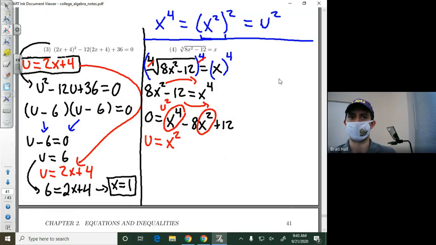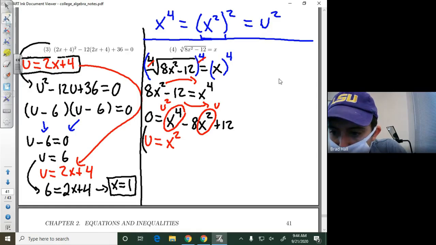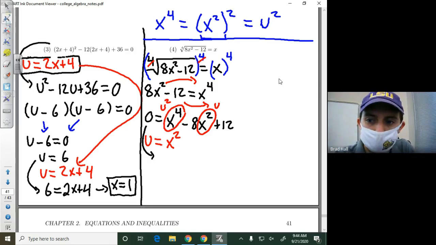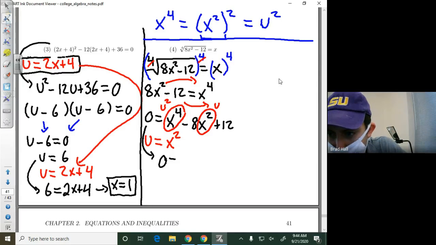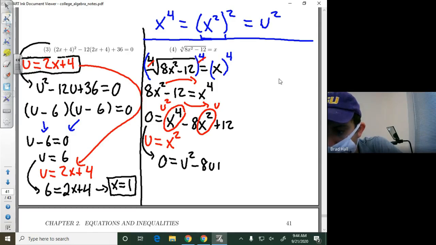Again, these problems normally end up working out to where this will happen every time. But if you want to be convinced of why that's the case, then here's a derivation. But in any case, the u substitution allows us to rewrite this problem as 0 is equal to u squared minus 8u plus 12.